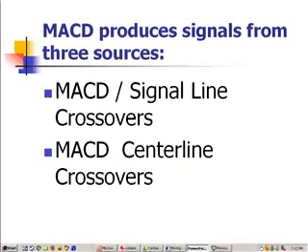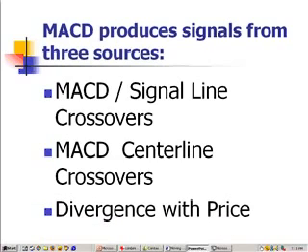As we discussed in the previous video, MACD centerline crossovers are really the equivalent of the 12 EMA crossing the 26 EMA. Yes, they are lagging, but they are fairly reliable for longer term moves.